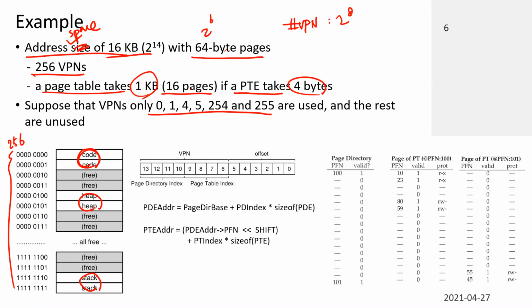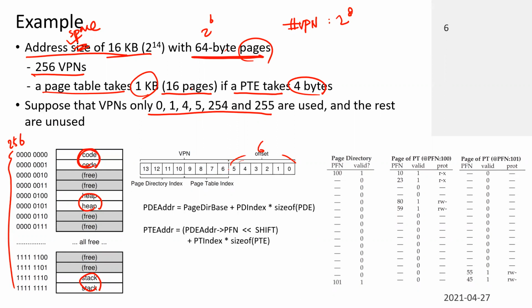So how can we resolve this situation? I mean, how can we reduce the amount of memory for this page table by bringing in the multi-level page table? Think about how we could do this. So here's one idea. We use the last 6 bits as an offset, because this is the size of the pages. The page size is 2 to the 6, so the last 6 bits should be used as an offset, right?